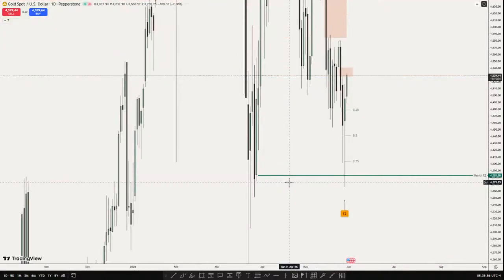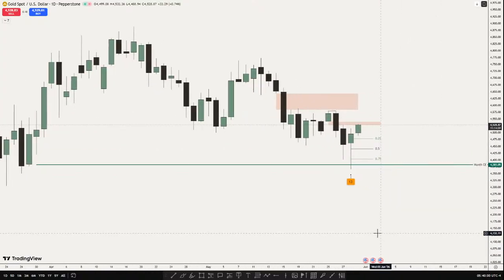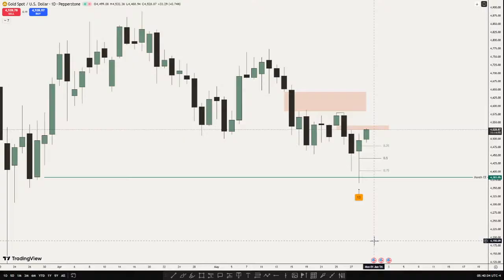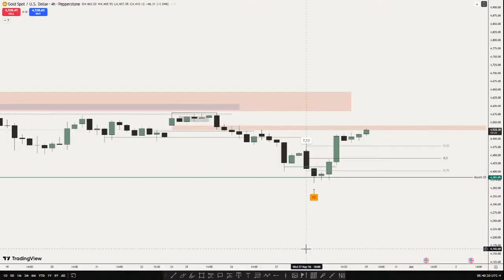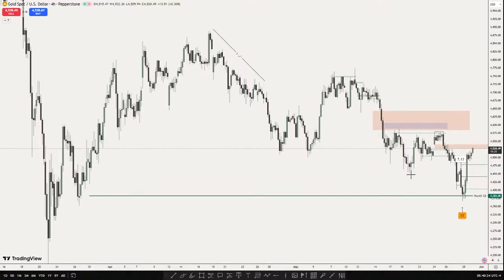First of all, let's look at the daily time frame. If you saw the previous video, I said that I'm expecting price to move down towards two levels. The first one was on 4 hour, I guess 4380 something.